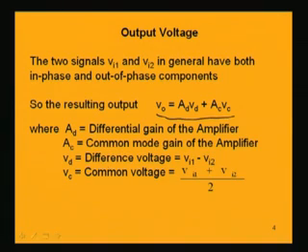These two play the role in finding out the magnitude, because as AD is the differential gain and AC is the common mode gain, these two will be determining the output components which arise because of the difference between the two signals and the common part of the two signals. So, the Vd voltage is denoting the difference voltage between the two signals. So, Vi1 and Vi2 we are applying.